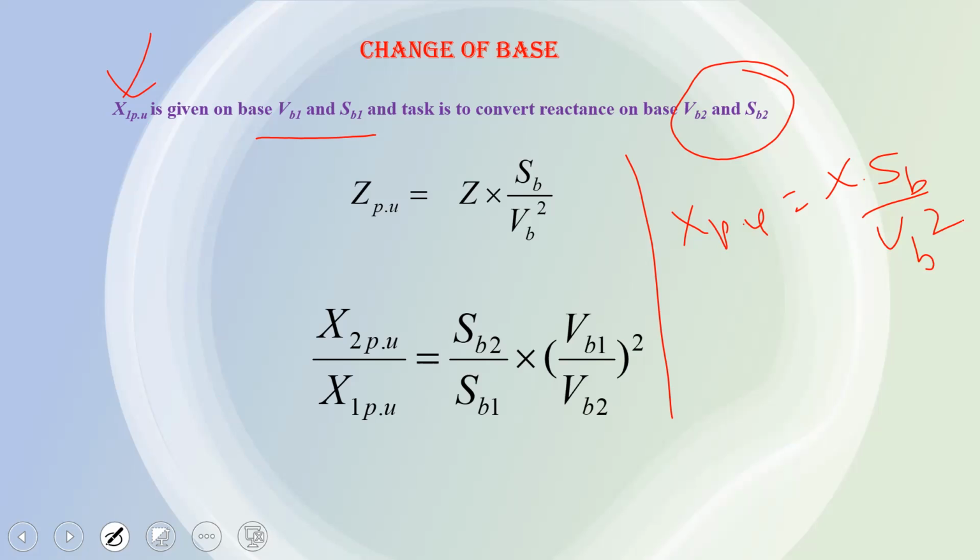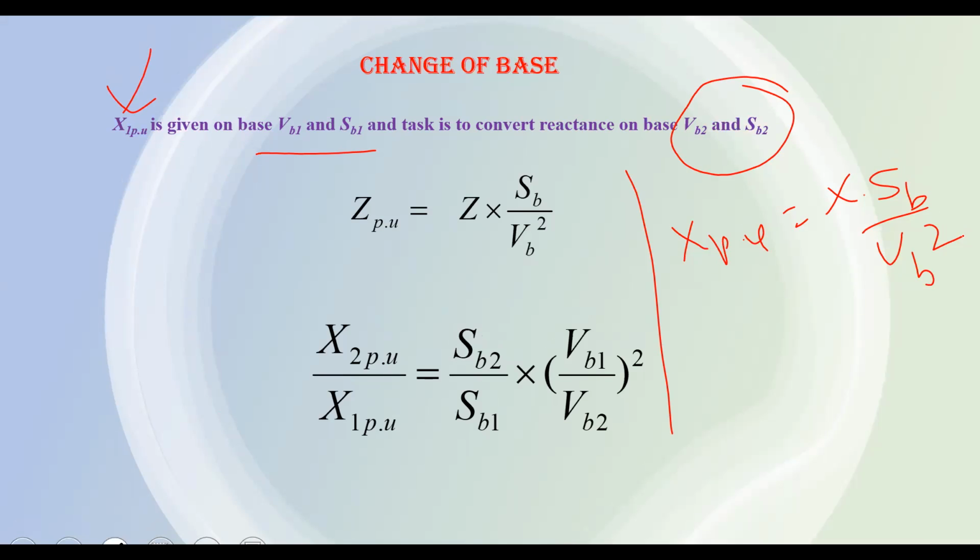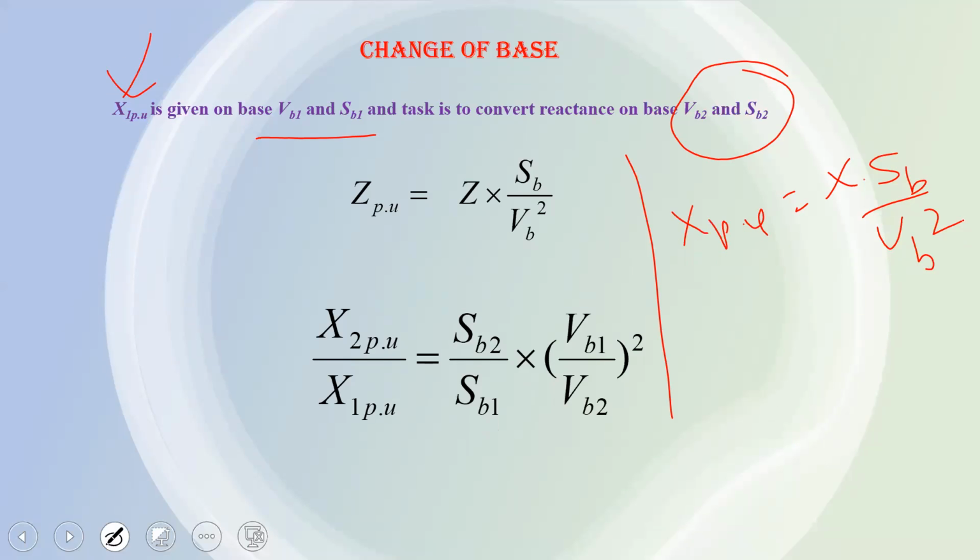So on base VB1 and SB1, the reactance will be its actual value into SB1 divided by VB1 square.